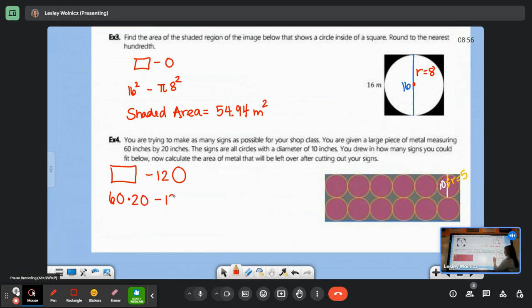I got 7.5. 25 squared. Okay, is this what you guys put in your calculators? So what is our area left?